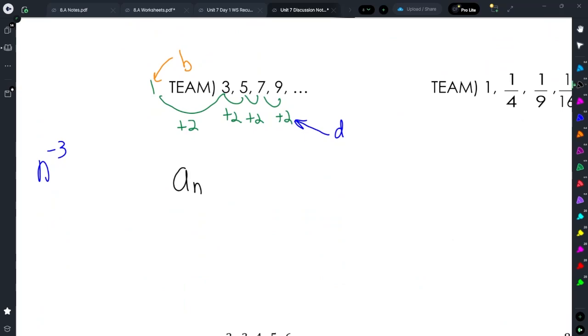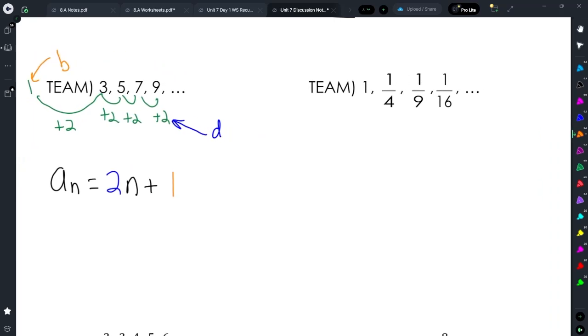So a sub n is equal to D, which is 2, times n plus that B term, which is 1. Now, if you wanted to solve for B, one of the ways we did in the notes, substituting in a term, that's fine. This just may be a little bit quicker.